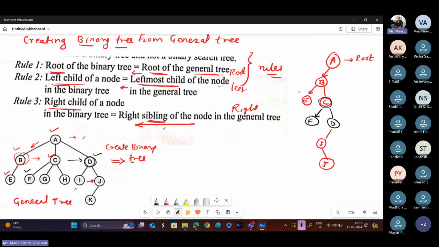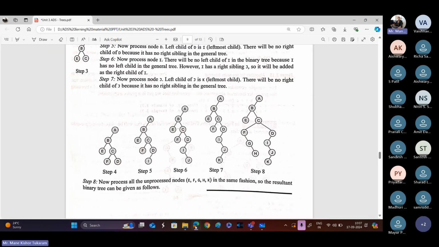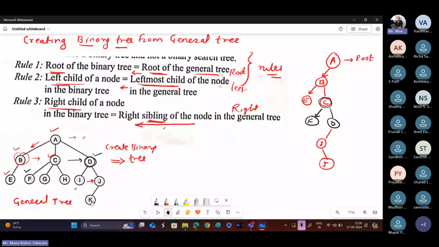Okay, so A, B, C, A, B, E, C, F, D, I, J. So we are at this particular location, that is up to the 6th step. Then what is my 7th step? Now process J, left child is K. So I want to just process the J. Okay, so now the left child is K. So I just write this particular K over here.